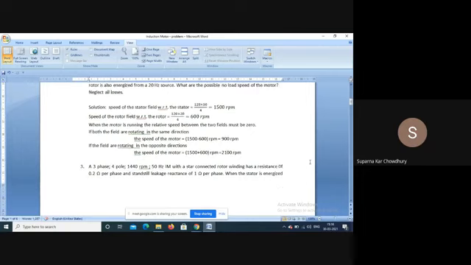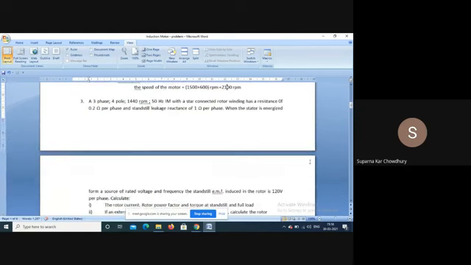So next we come to the third problem. Here we have a 3-phase 4-pole motor. The speed is 1440 RPM. It is a 50 Hz induction motor, which is star connected. That is, a 3-phase 4-pole 1440 RPM 50 Hz induction motor with a star connected rotor winding has a resistance of 0.2 ohm per phase and standstill leakage reactance of 1 ohm per phase.